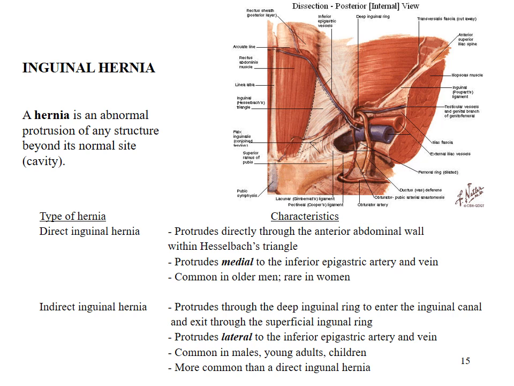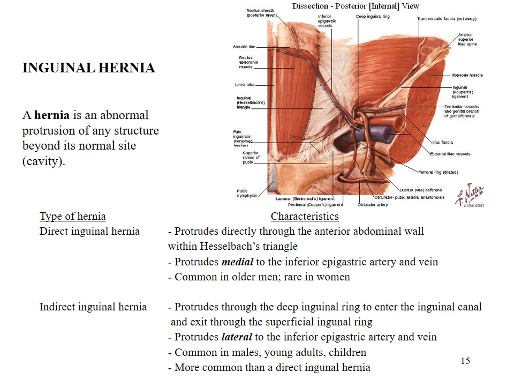That means it is medial to the inferior epigastric vessels. It is common in older men and rare in women. An indirect inguinal hernia passes through the deep inguinal ring, through the whole inguinal canal, and exits through the superficial inguinal ring.